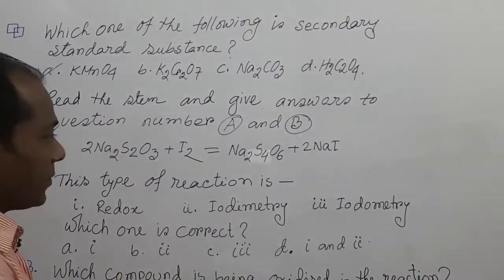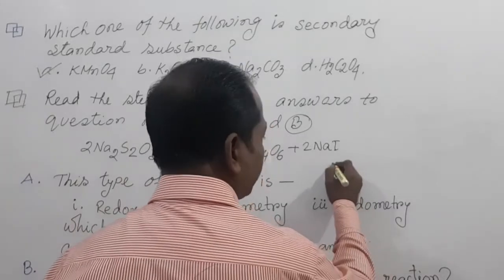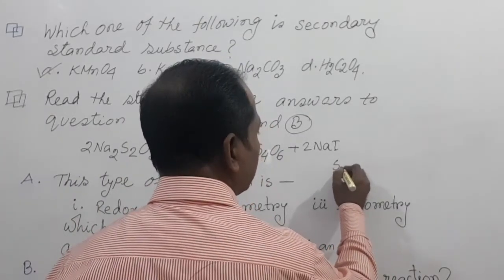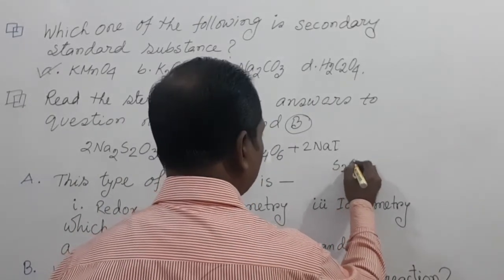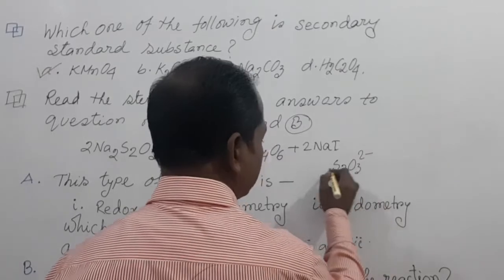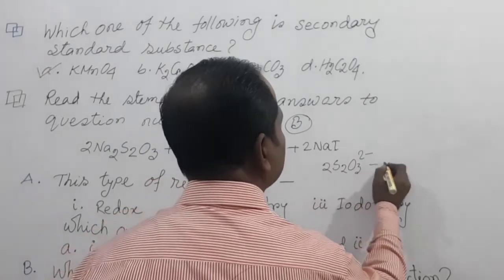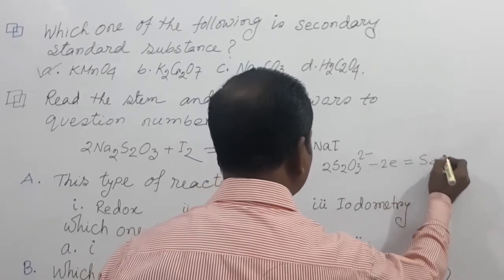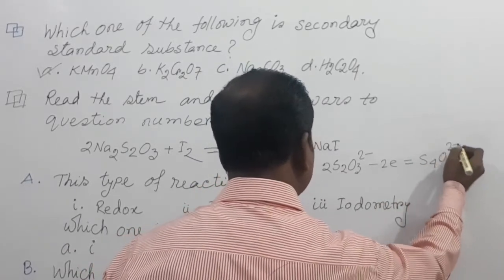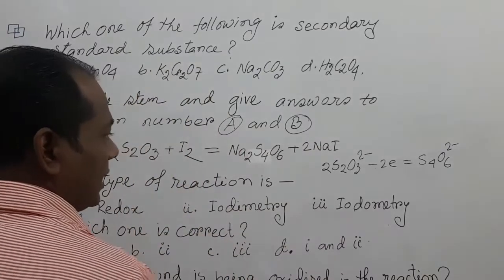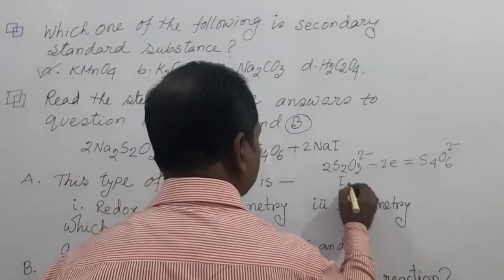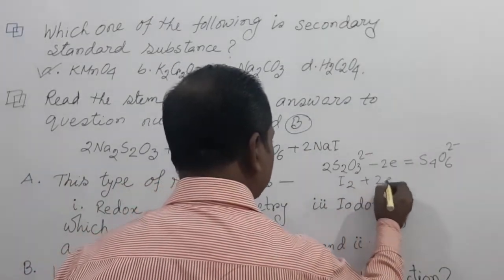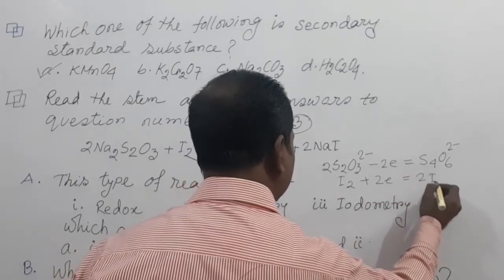My dear students, we see that in this reaction the thiosulfate ion, S2O3 2 minus, 2 thiosulfate ions donate 2 electrons and produce S4O6 2 minus, the tetrathionate ion, and iodine accepts 2 electrons and produces 2 iodide ions.